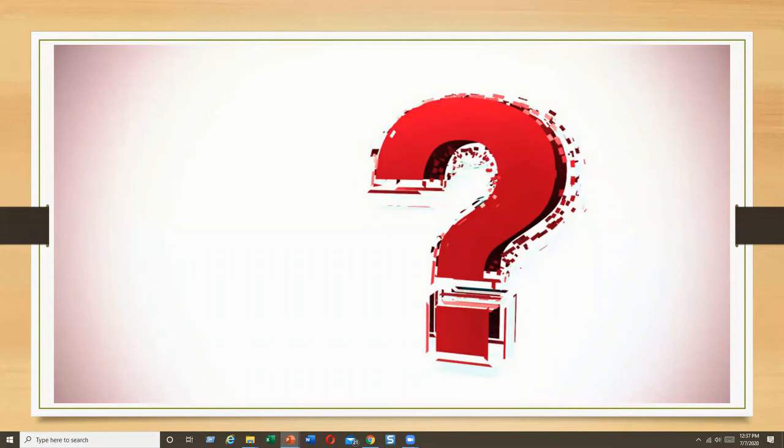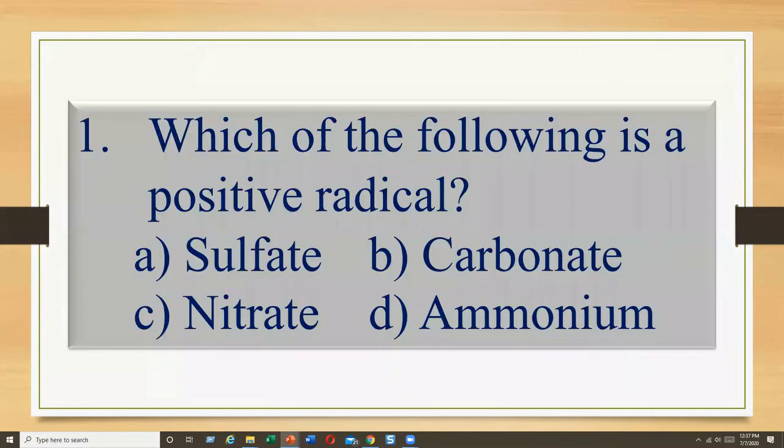Now, questions for you. Which of the following is a positive radical? Student: Sir, ammonium. Ammonium ion is a positive radical, and another positive radical is the phosphonium ion.